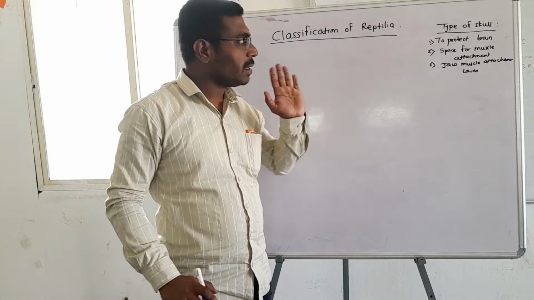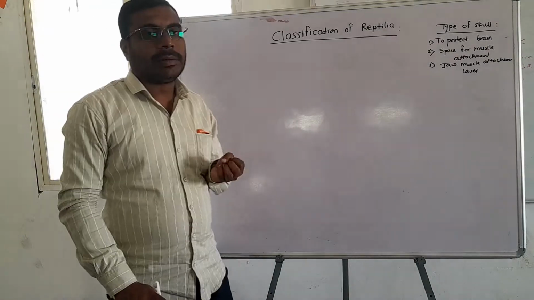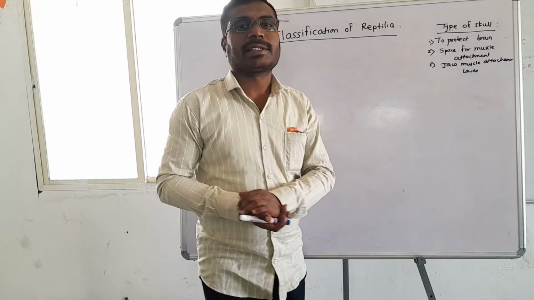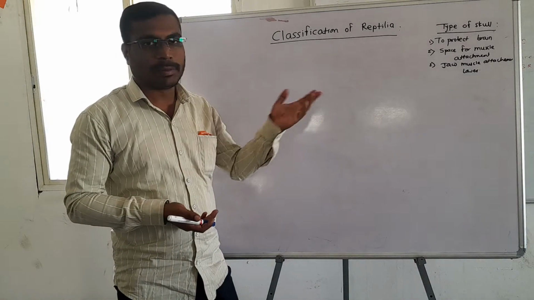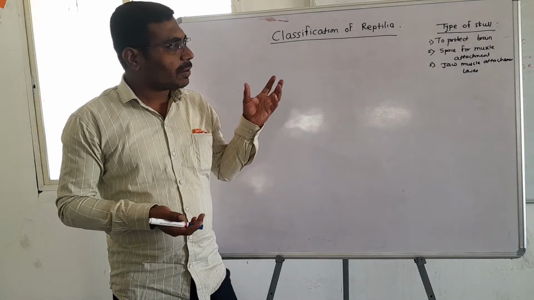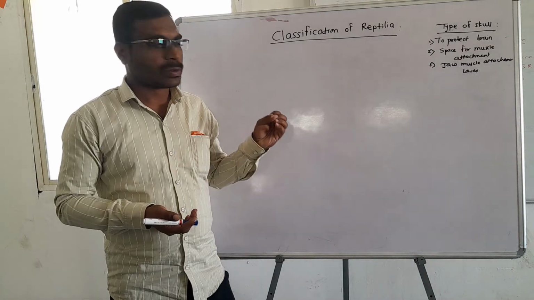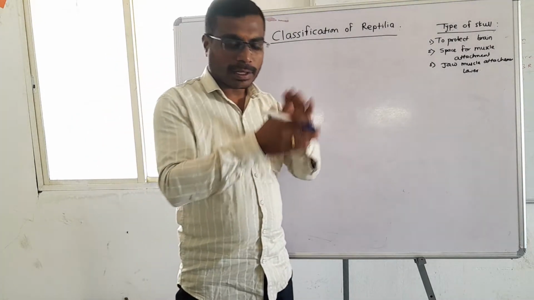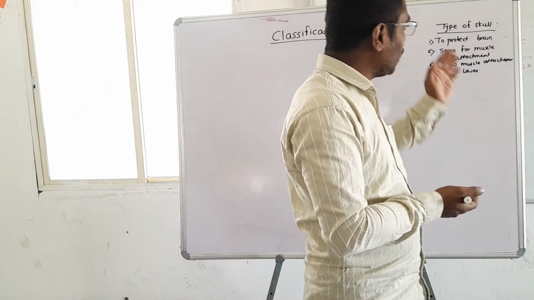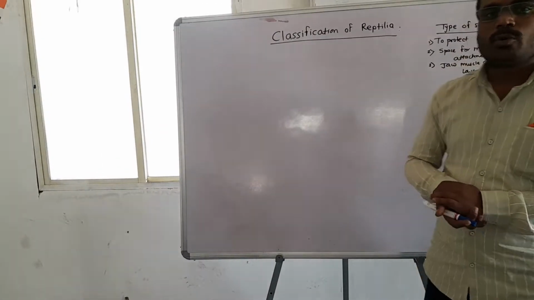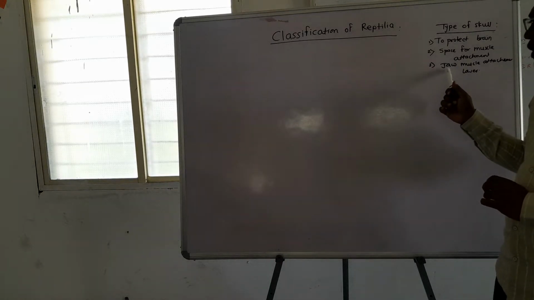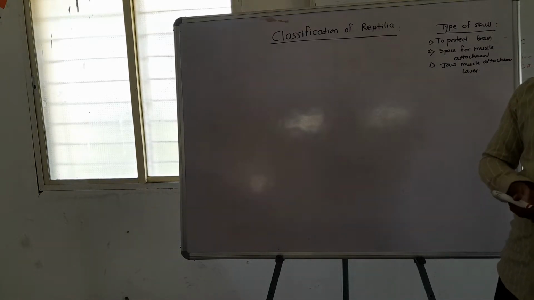First is the brain. The brain of reptiles is very small as compared to other higher vertebrates. Therefore, it requires very small space and the skull protects the brain. Then skull is also important for the joining of muscles of the lower jaw.